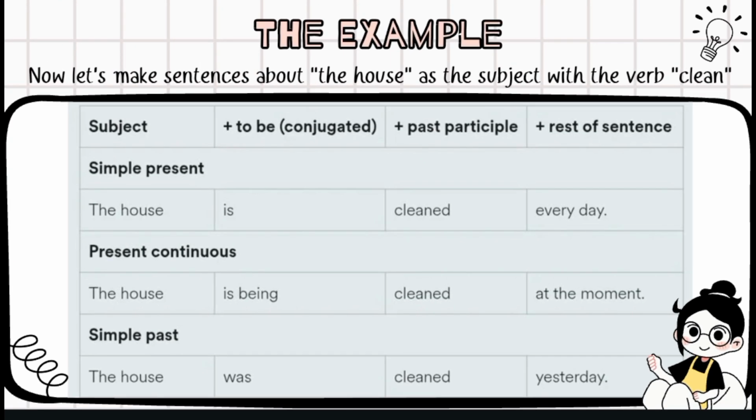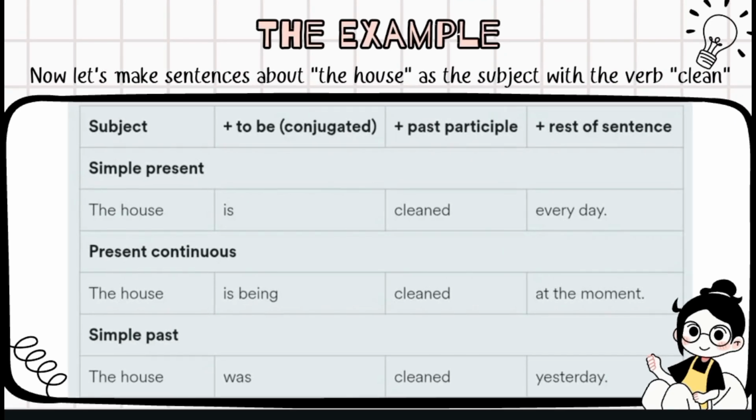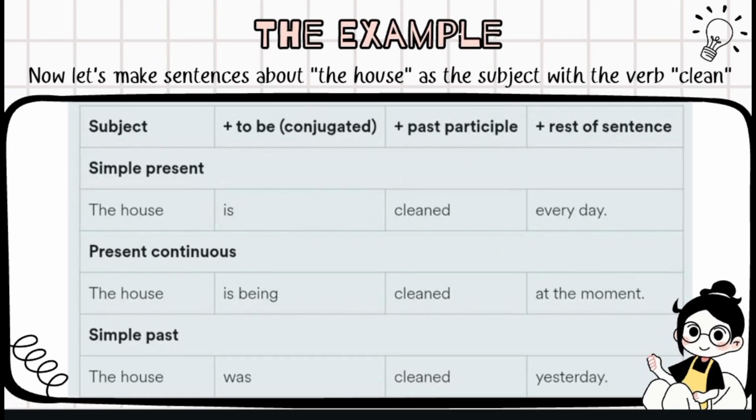Now let's check out the example. Now let's make sentences about the house as the subject with the verb clean. So for the first one is simple present. The subject is the house, and for to be we use is because it's only one noun.